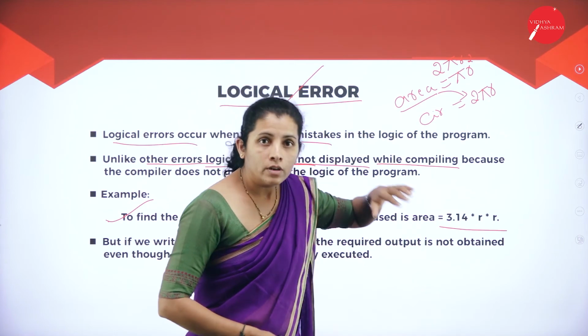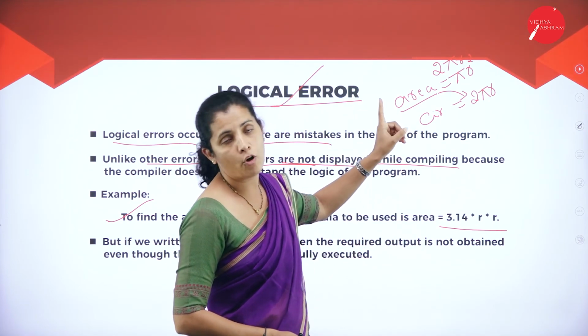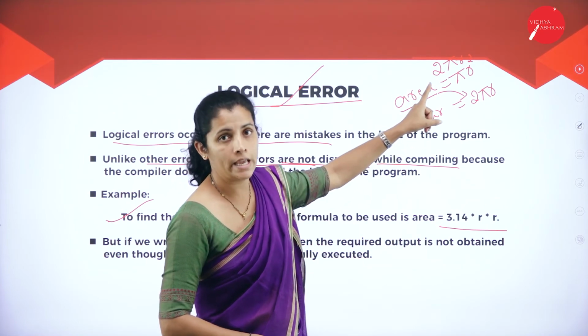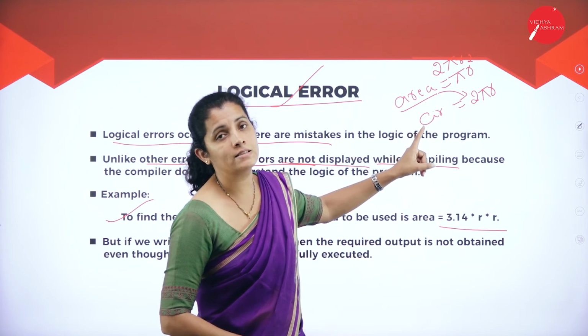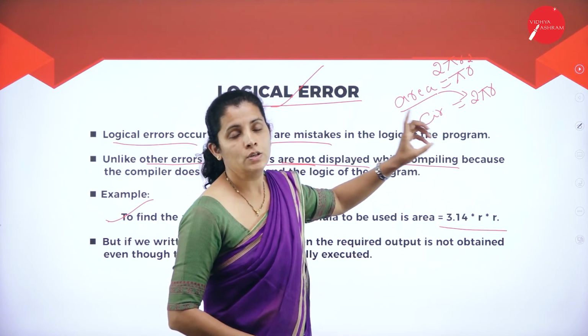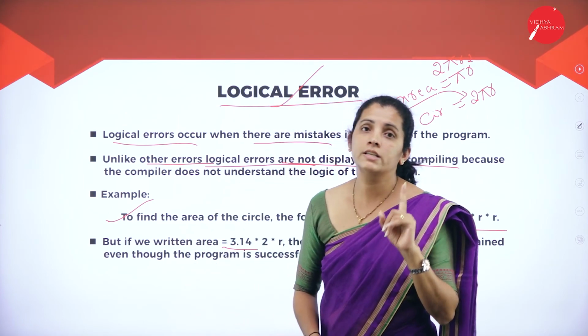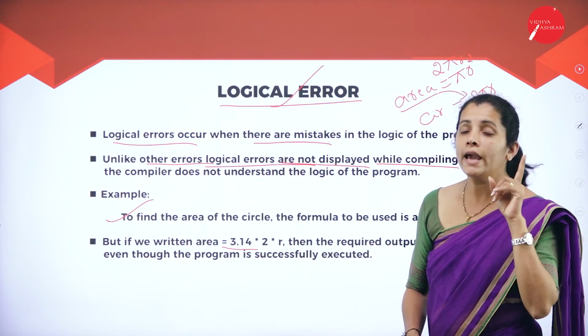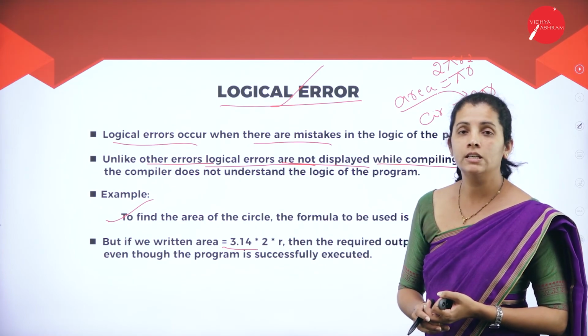But human beings are able to understand what is the formula used to find the area of a circle as well as the circumference of the circle. So these kinds of errors are called logical errors. That means error in the logic itself called logical error.